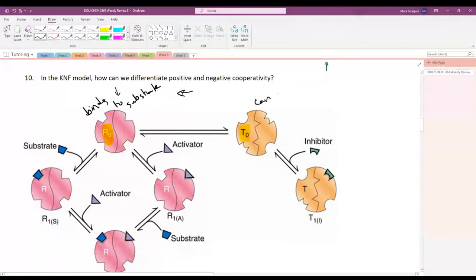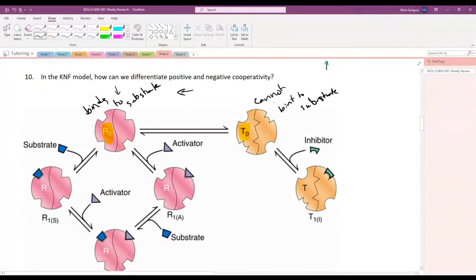T0 cannot bind to substrate. Thinking about this in terms of the equilibrium, and we're not going to get into activators just yet, when R0 binds to a substrate, the concentration of R0 decreases. That's what this down arrow above represents.